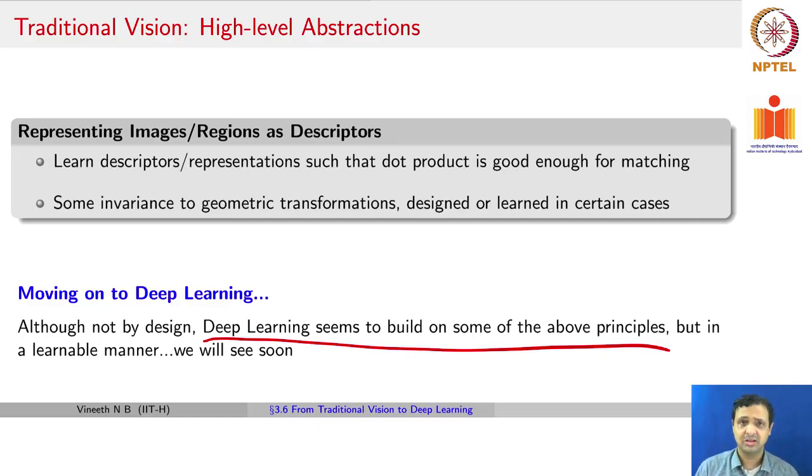But a key difference between all of these methods that we've seen so far and what we're going to see with deep learning over the next remaining weeks of this course is that in deep learning, all of this is done in a learnable manner rather than we having to decide which key point should I use. Should I use SIFT or should I use SURF? Which descriptor should I use? Should I use oriented gradients or should I use GLOH? Should I use local binary patterns?